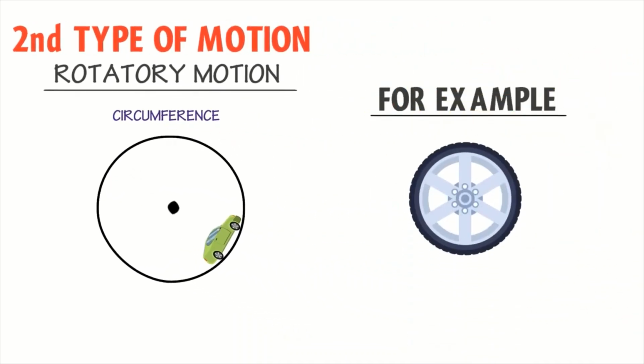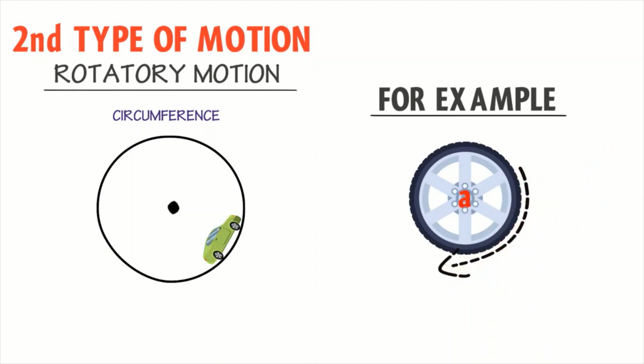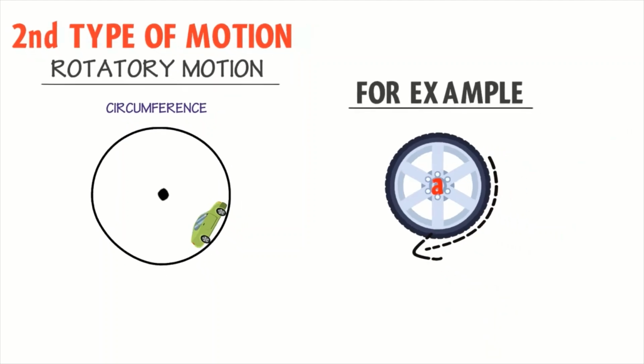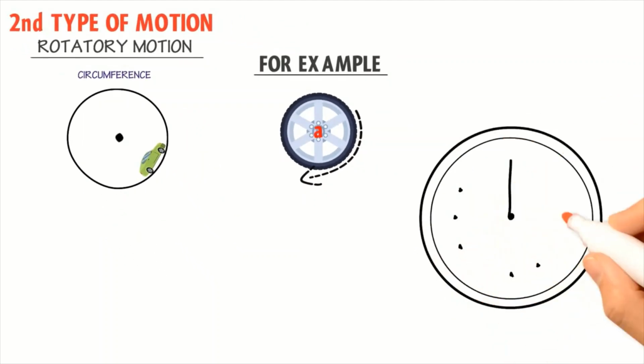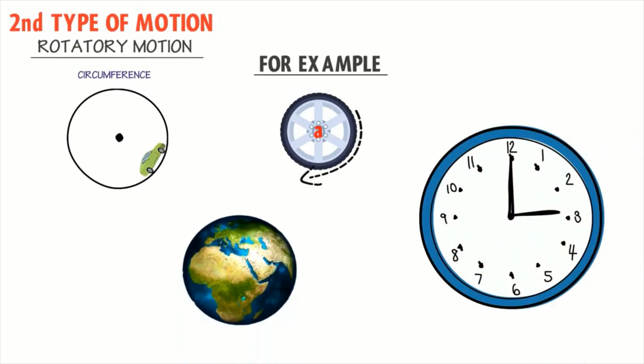For example, the motion of a wheel is rotatory motion. Here the fixed point is A, and all the particles of the wheel rotate around the fixed point. Similarly, the motion of the hands of a clock, the motion of a fan, the motion of the earth, and the motion of an electron around the nucleus are all types of rotatory motion.